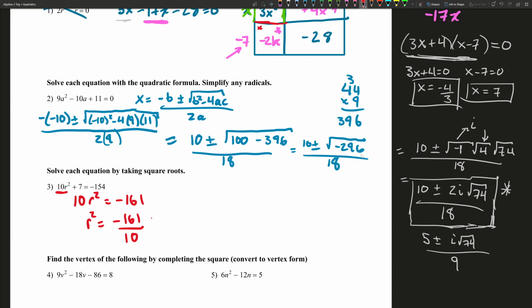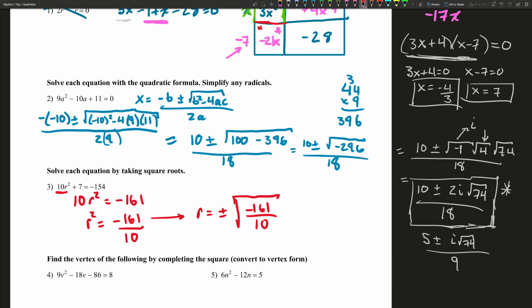and then we take the square root of both sides. So r is equal to plus or minus the square root of -161 over 10. Okay, and I think 161 is prime.